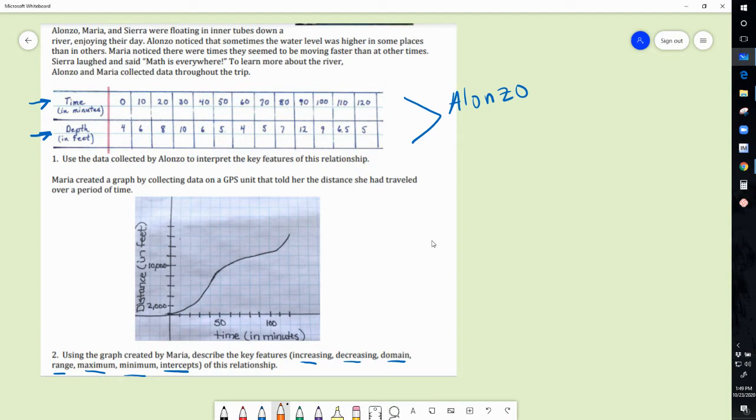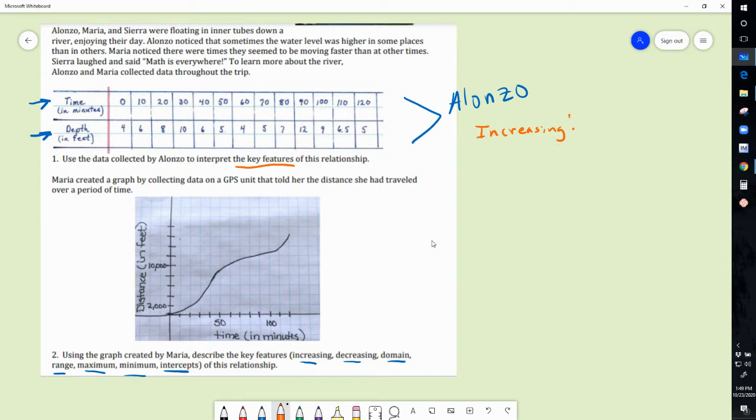Right now it says use the data collected by Alonzo to interpret the key features of this relationship. The key features, those are those 8 vocab words. So you're going to write on the side, where is my graph increasing? Where is my graph decreasing? What's the maximum value?